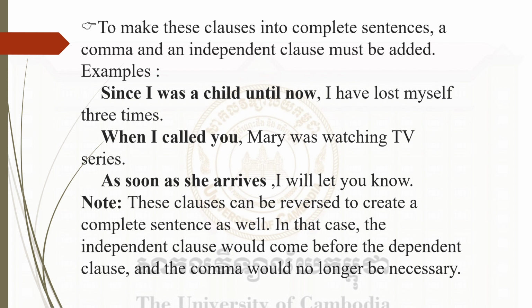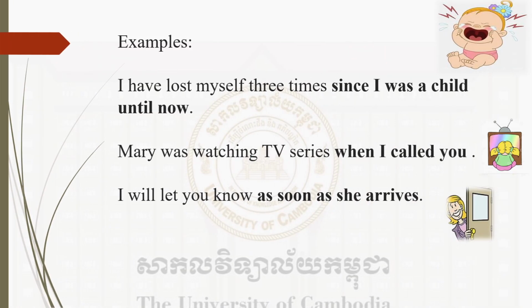Note, the clauses can be reversed to create a complete sentence as well. In that case, the independent clause would come before the dependent clause, and the comma would no longer be necessary. It is about the reversion that you can see here.